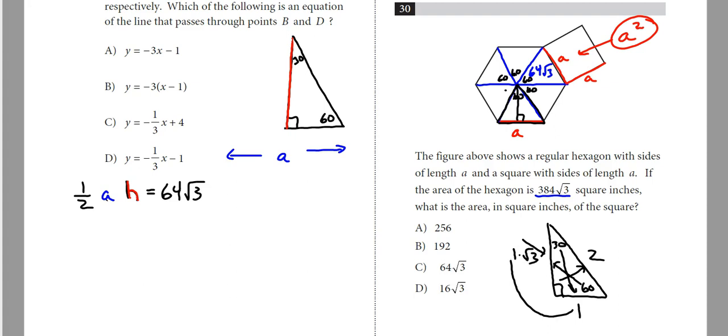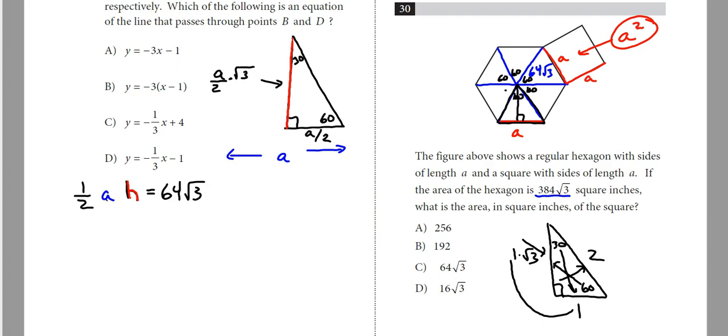So that's the rule that you need to know. It's always times radical 3. So on our triangle here, if this whole base down here was A, that means this little piece over here is A chopped in half, or A over 2, which means this piece is A over 2 times radical 3, because that's the rule for 30, 60, 90 triangles.